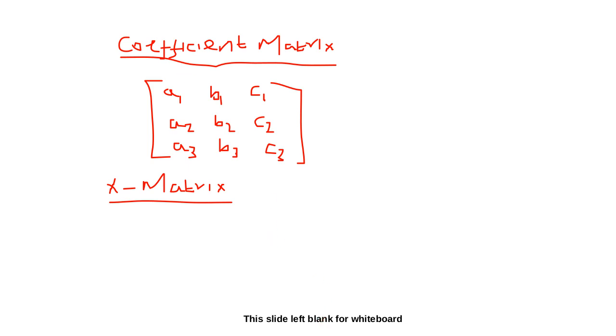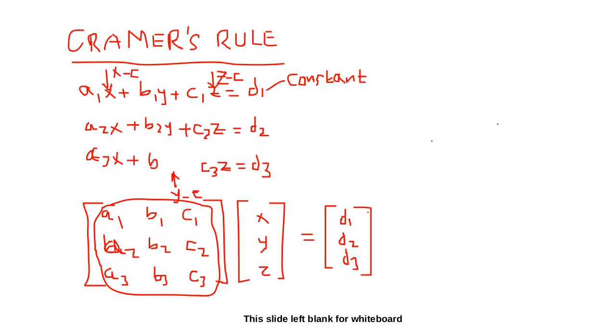As I had shown you, this is the X column, the Y column is the second one, the third column is the Z column, and the last column is the constant column.